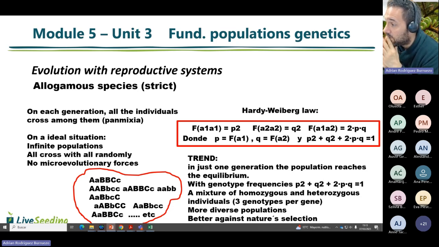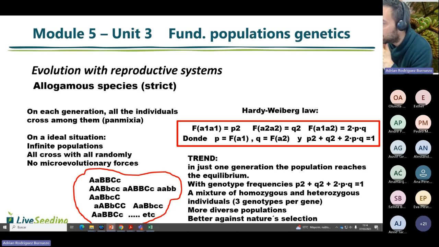And they follow the Hardy-Weinberg law in this, let's say, ideal situation, where the population is made of an infinite number of individuals, all individuals cross among them absolutely randomly, and in absence of microevolutionary forces, okay? On the basis of this ideal situation, the allogamous species evolve through the Hardy-Weinberg law.